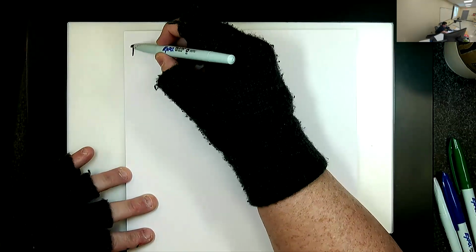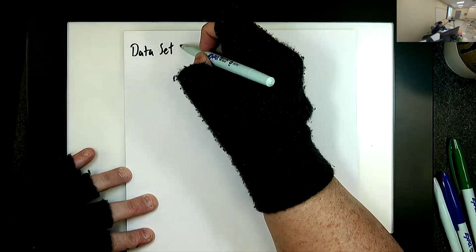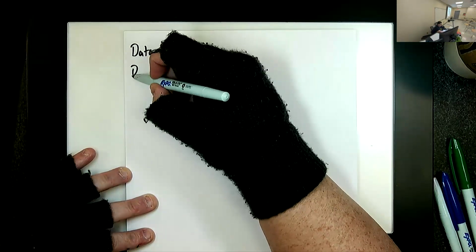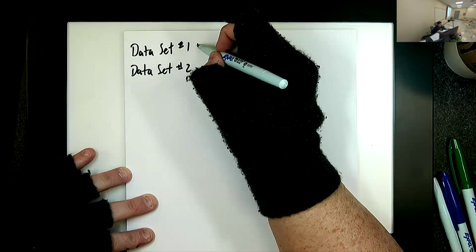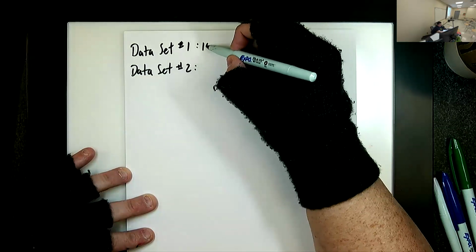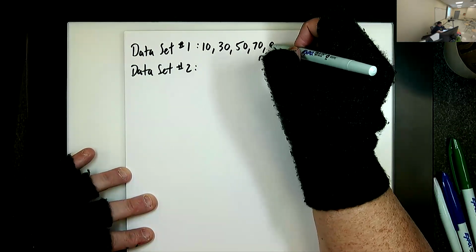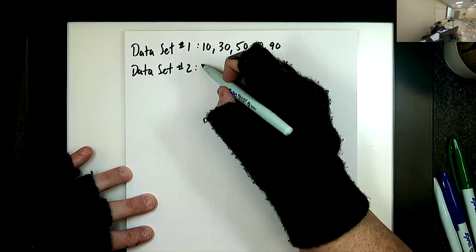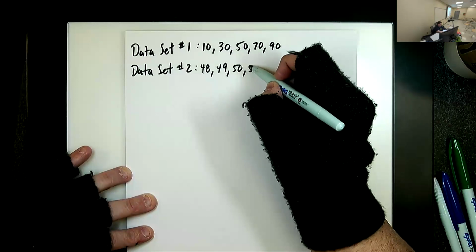So I want you to find the mean of 2 different data sets. This will be a quick exercise for you. 10, 30, 50, 70, and 90. And 48, 49, 50, 51, 52.